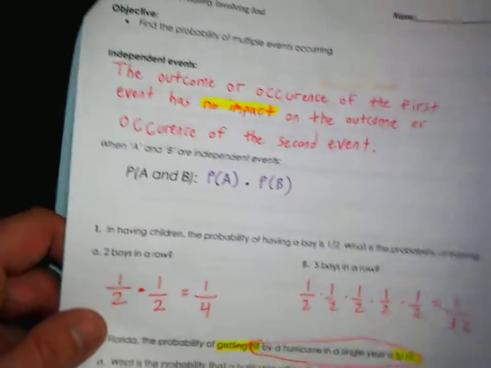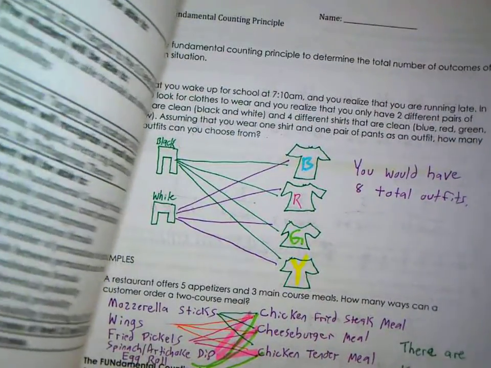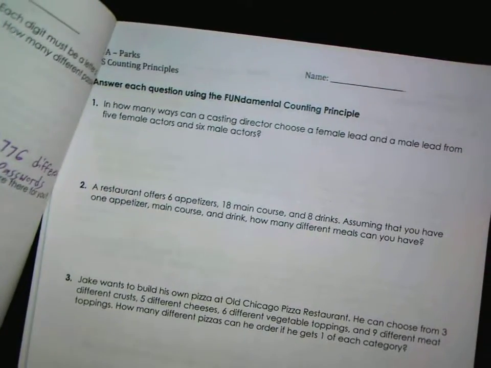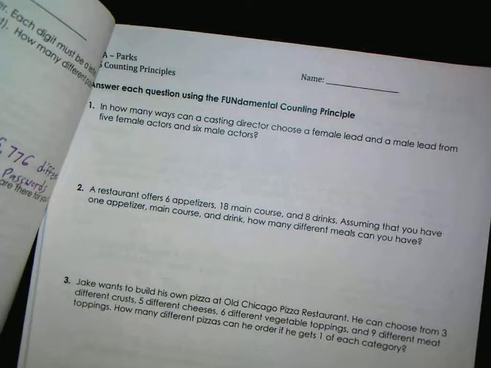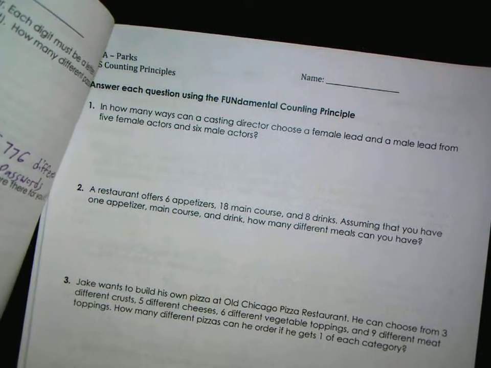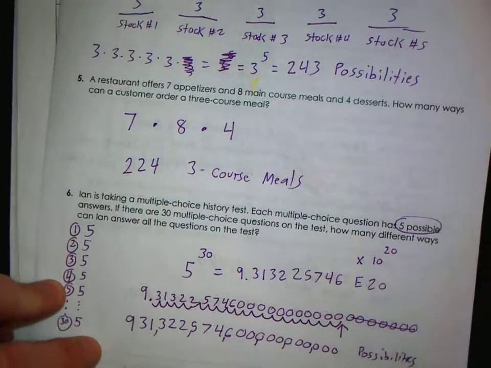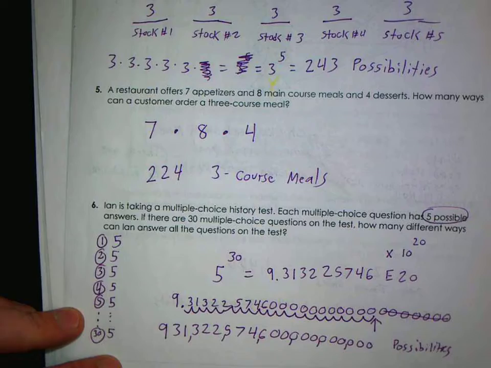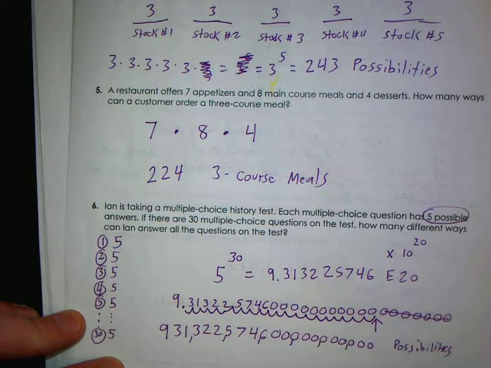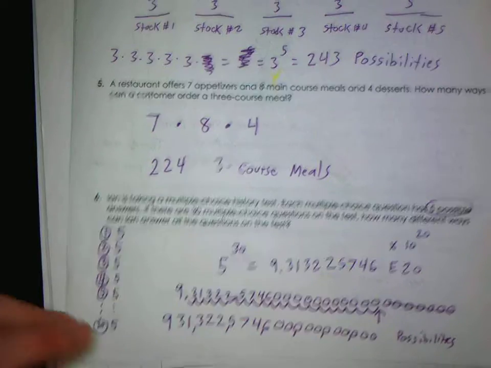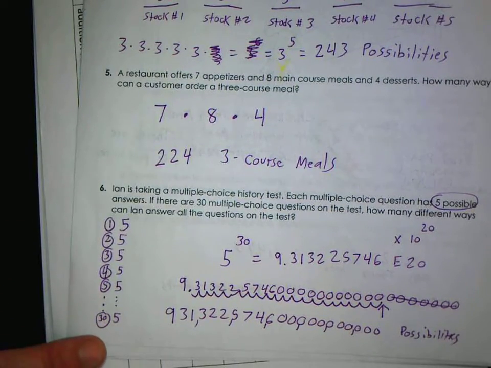And everything we're doing so far, I'm pretty sure we've done before, when we did questions like this. So we talked about 30 multiple choice questions, and there's 5 possible answers. How many different ways can you answer? Well, you have 5 options, 5 options, 5 options, 5 options.